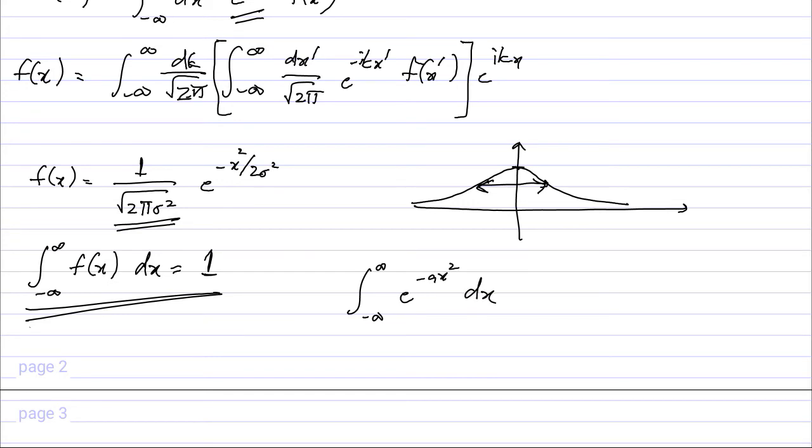The first thing that you do, let me just do it in another form, let me do it in this form, x over a square, because that's closer in spirit to what we actually want to integrate. a is just a constant.